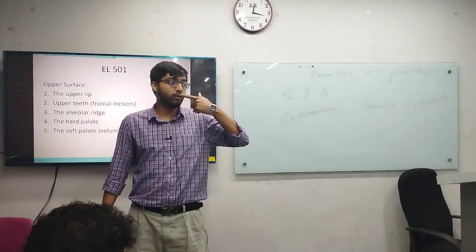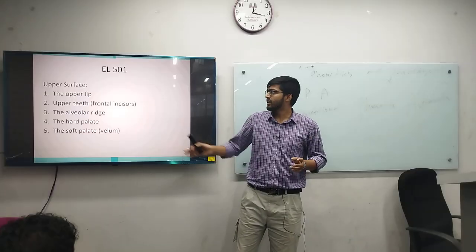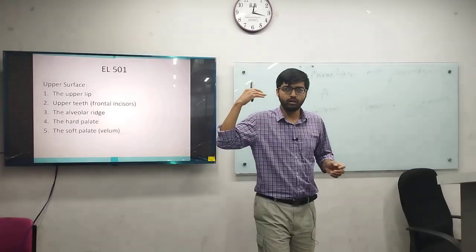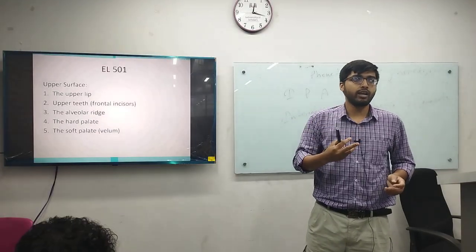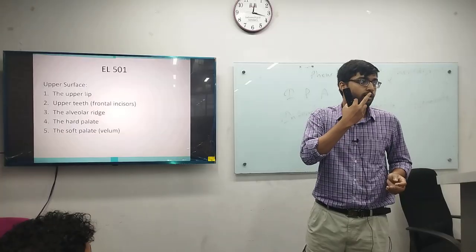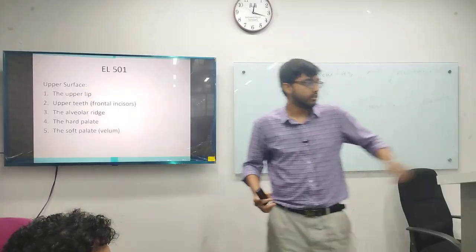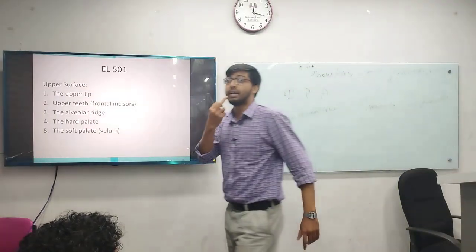If you are clever enough, you can understand these things are coming from forward to backward. Upper lip at the very first. Touch your upper lip, everyone. Come on, touch it. This is your classroom performance.